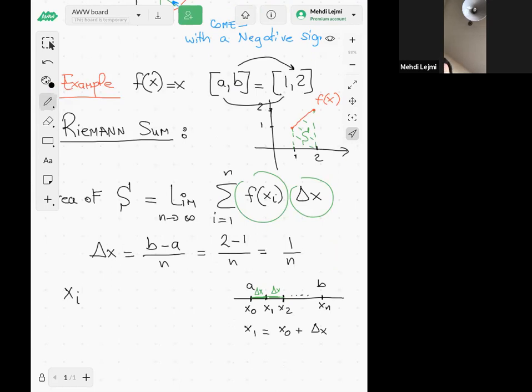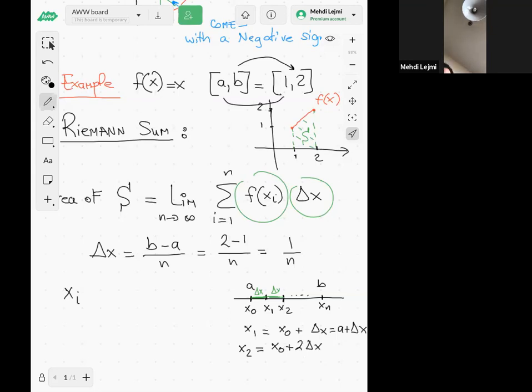Now, x0, of course, is just a. So this is just a plus delta x. Now, if you want to compute x subscript 2, the distance between x subscript 2 and x0 is twice delta x, 2 times delta x. So x subscript 2 is x0 plus 2 times delta x.